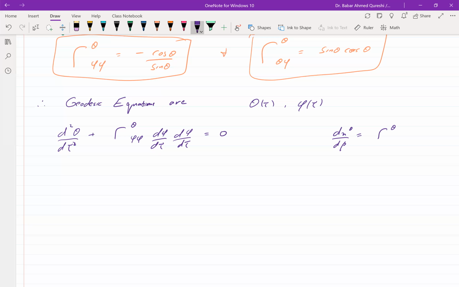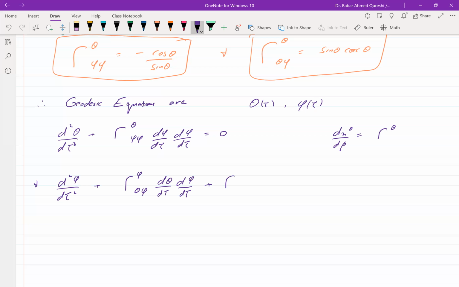So this is one equation, and then I have an equation for phi. When I put a phi here, I have a theta phi. So this matches with this d tau.